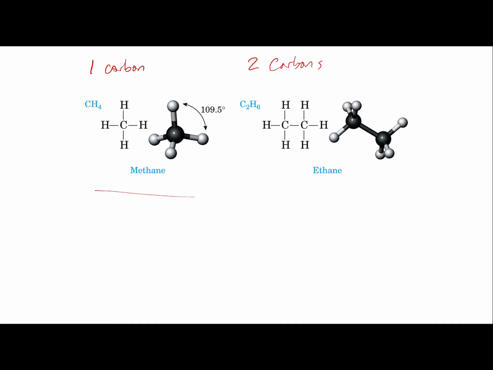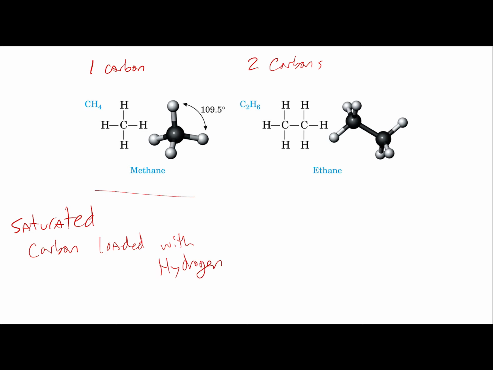We put all the hydrogens on here, and I'm going to introduce this now. We call it saturated when carbon is holding as many hydrogens as it can. Carbon loaded with hydrogen.